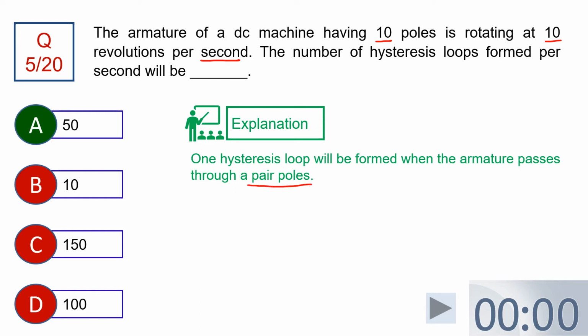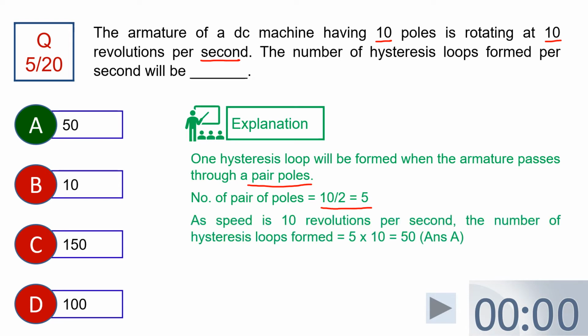Now here total number of poles are 10 and therefore number of pair of poles, it must be equal to 10 upon 2, which is equal to 5. And as the speed is 10 revolutions per second, the number of hysteresis loops formed will be 5 into 10, which is equal to 50. And therefore correct answer is option A.